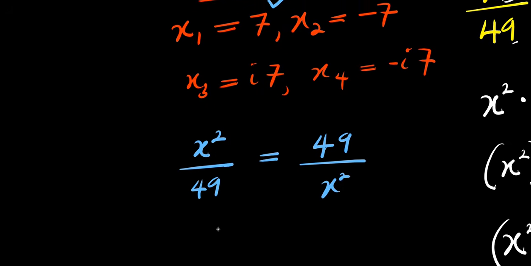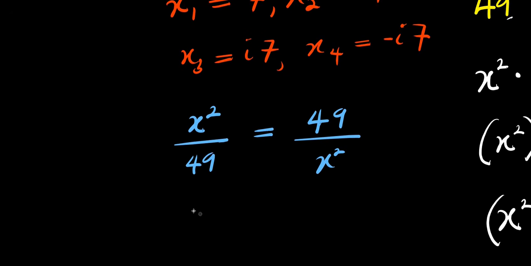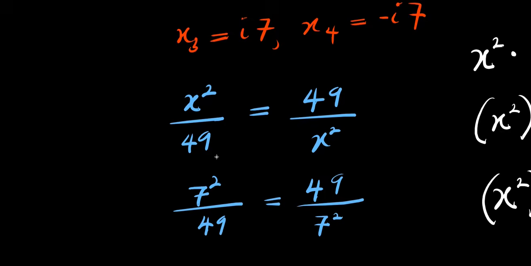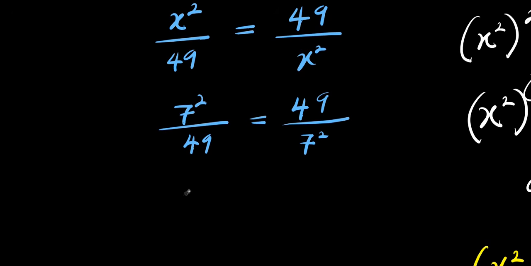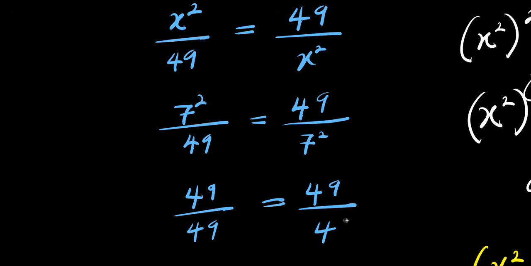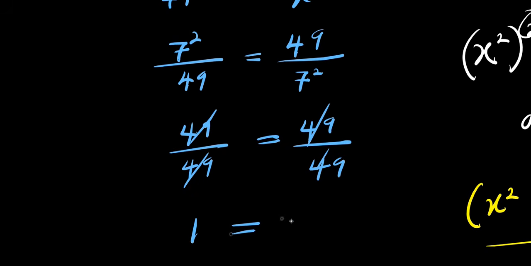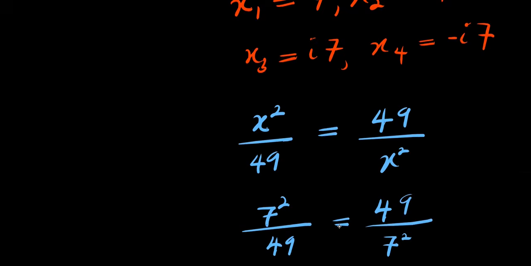Our x1 is 7, so we have 7 power 2 divided by 49 equals 49 divided by 7 power 2. 7 power 2 is 49, so 49 divided by 49 equals 49 divided by 49. This cancels this, this cancels this. So we have 1 equals 1. That has satisfied the equation.